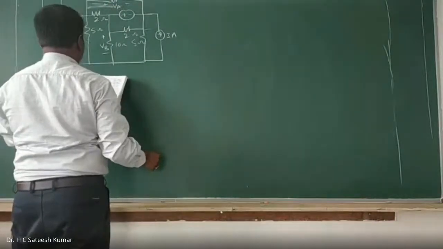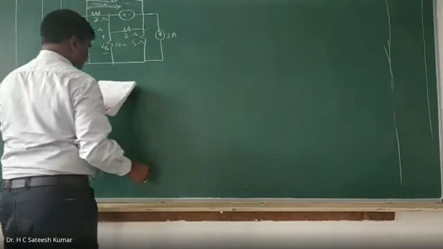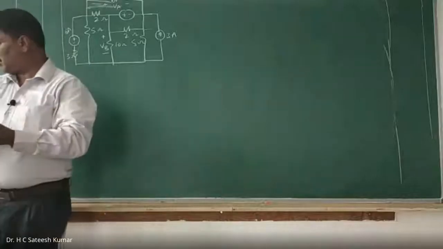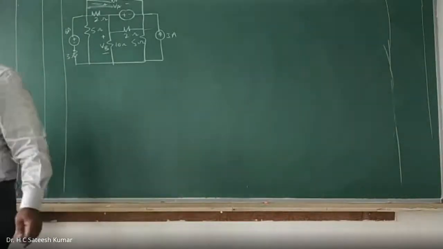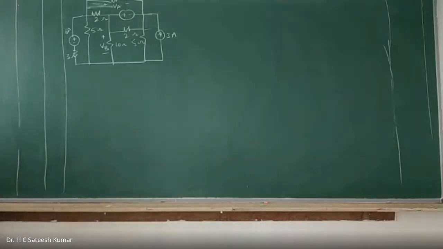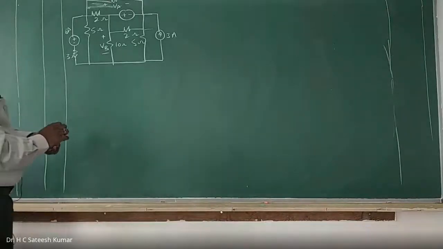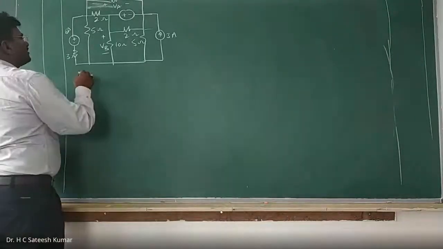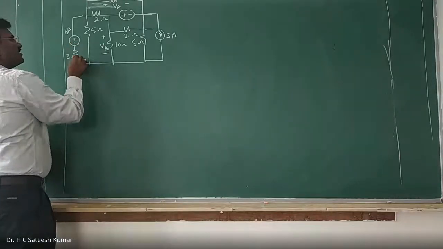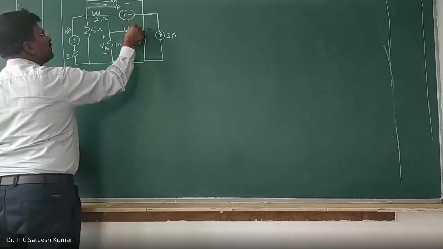Okay. So now we have to find out VA and VB. So how to do this problem? Now you see this. Identify the nodes, principal nodes. Before that, you can see that there is a resistance in series with the current source and a resistance parallel with the voltage source.